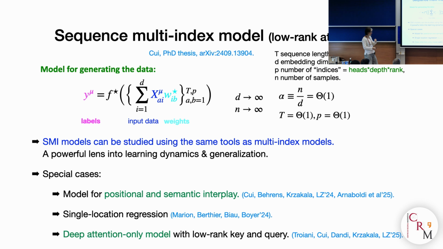Or also deep attention only. In a similar sense as Andrea was considering yesterday, he removed the multi-layer perceptrons from the deep attention architecture. So in that sense, it is the same, but what is different here is that I will be actually training the keys and queries. So we can represent the deep attention only model in this form.